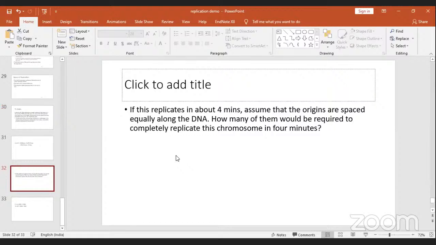If this replication takes 4 minutes to complete, how many replication forks, or how many origins of replication, would there be so that it can complete in 4 minutes? This is a bidirectional replication, and everyone can try.